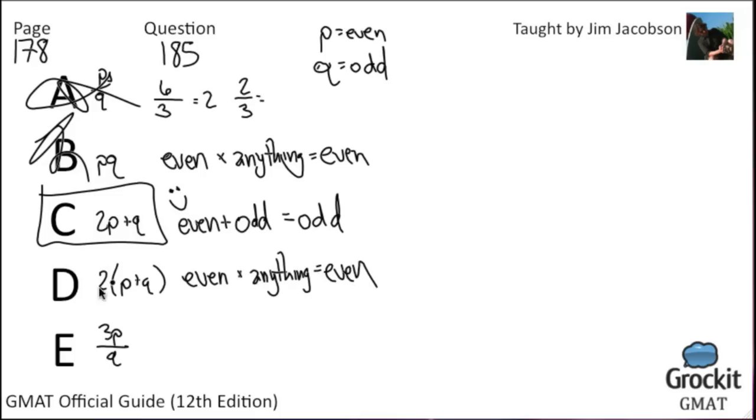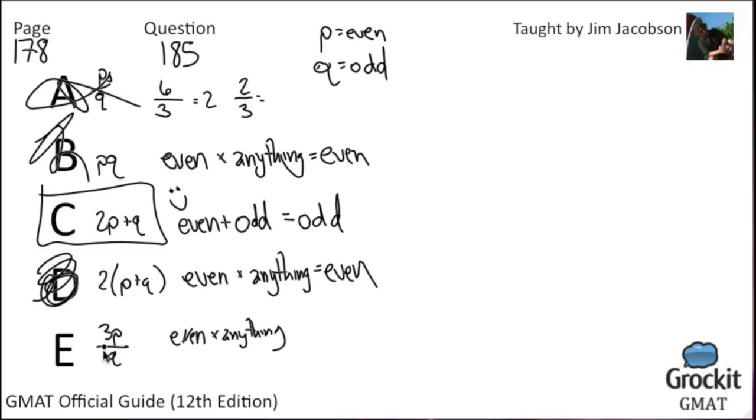Gives us an even number, so it's not answer choice D, because 2 is an even number, so no matter what was in the parentheses here, it was going to be even. And once again, choice E: the numerator is going to be even, because P is even, so 3, you know, this has the even-times-anything thing going for it.